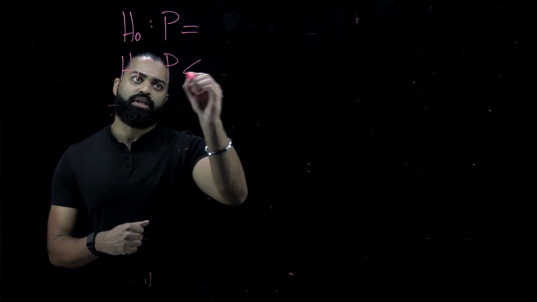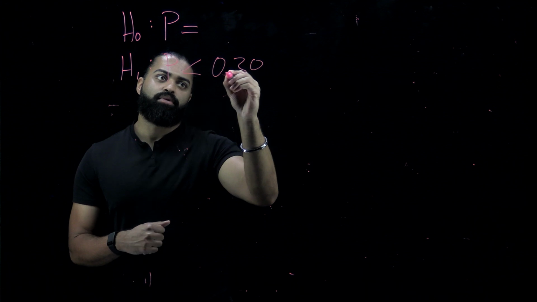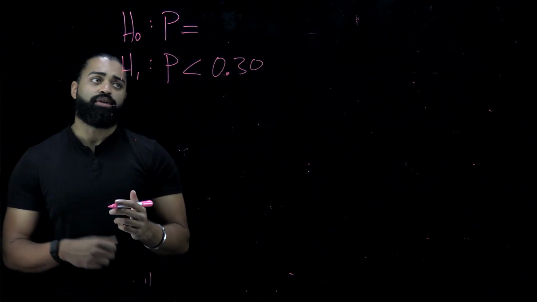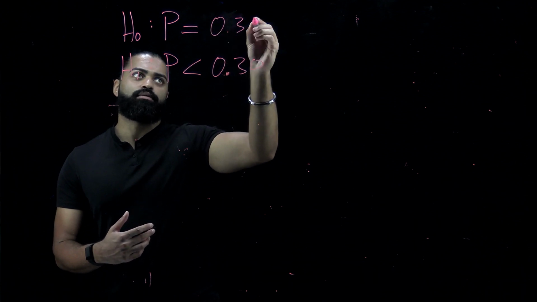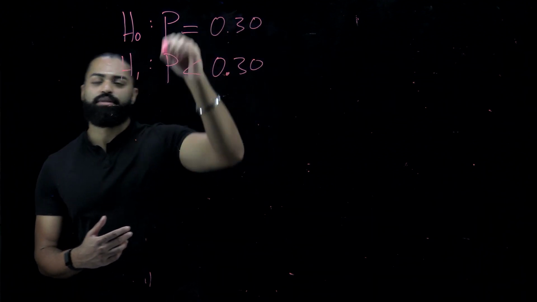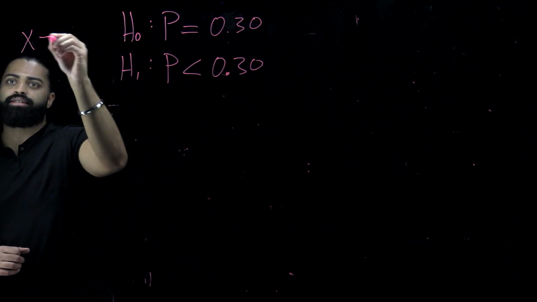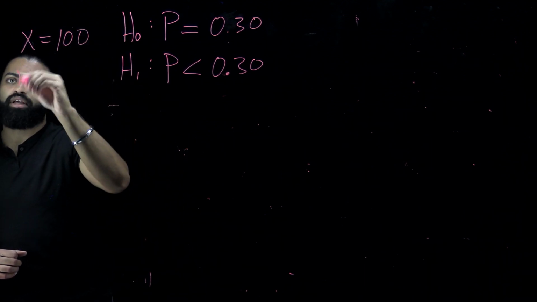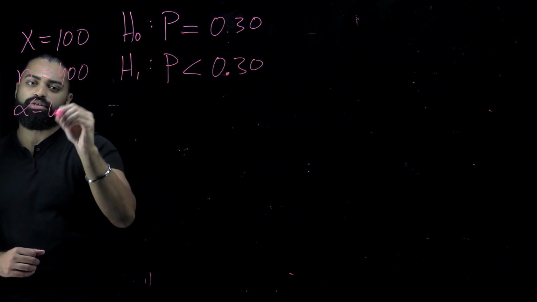So what he's assuming is less than 0.30, or 30%. So we're assuming the null is equal to 0.30. Again, same values, same symbols. Now I'll give you some important information. X is 100, N is 400, alpha in this case is 0.05.